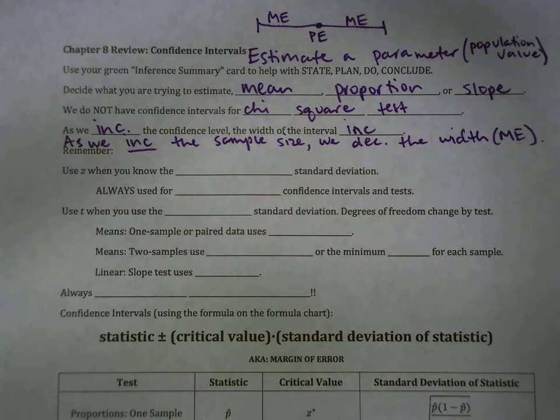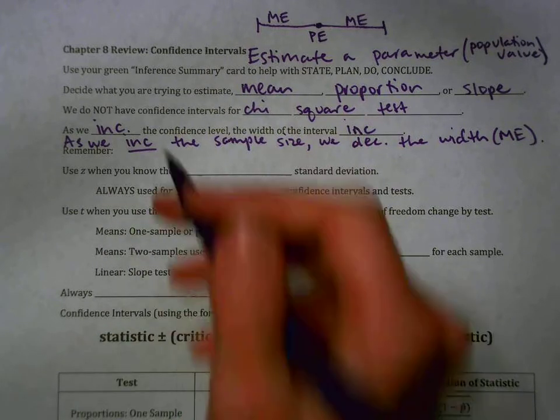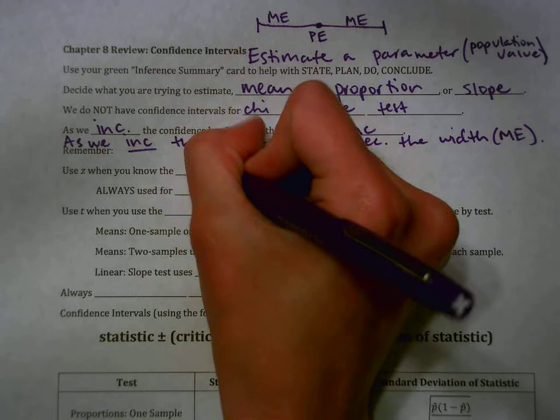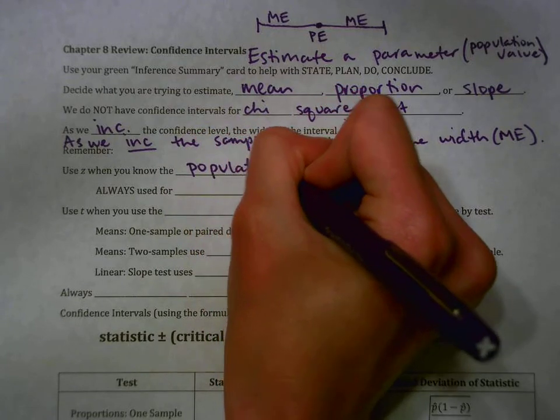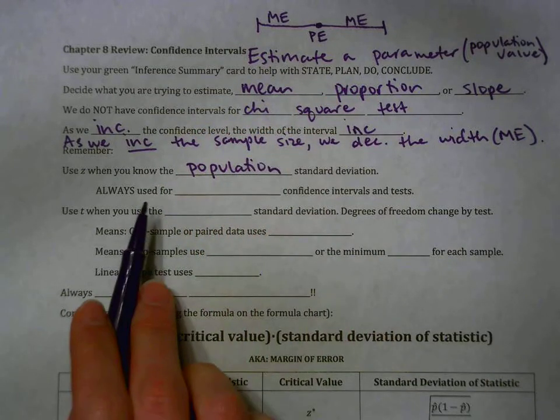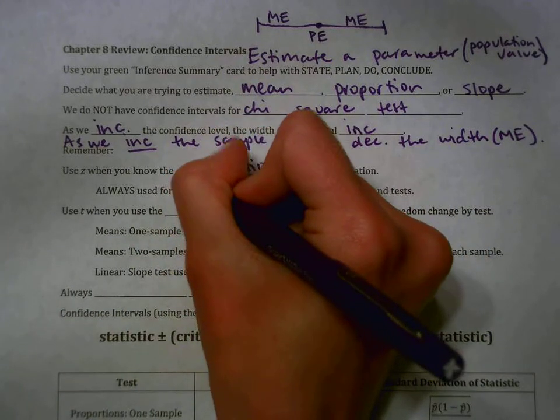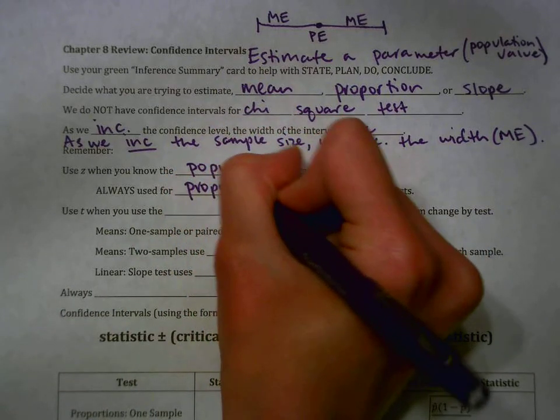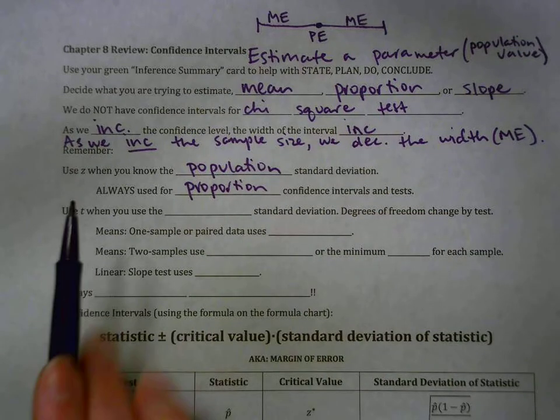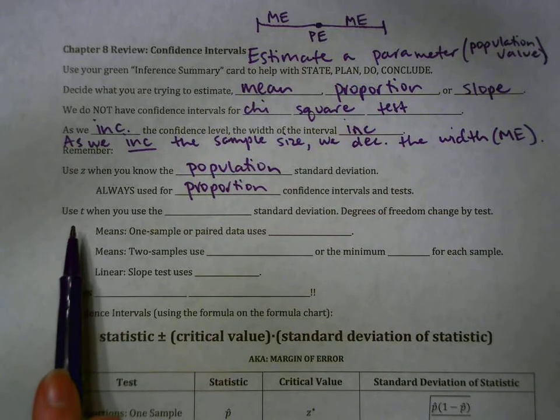Remember, what is the difference between Z and T? We use Z when you know the population standard deviation, and you always use Z for proportion problems. Proportion is always Z. When do you use T?